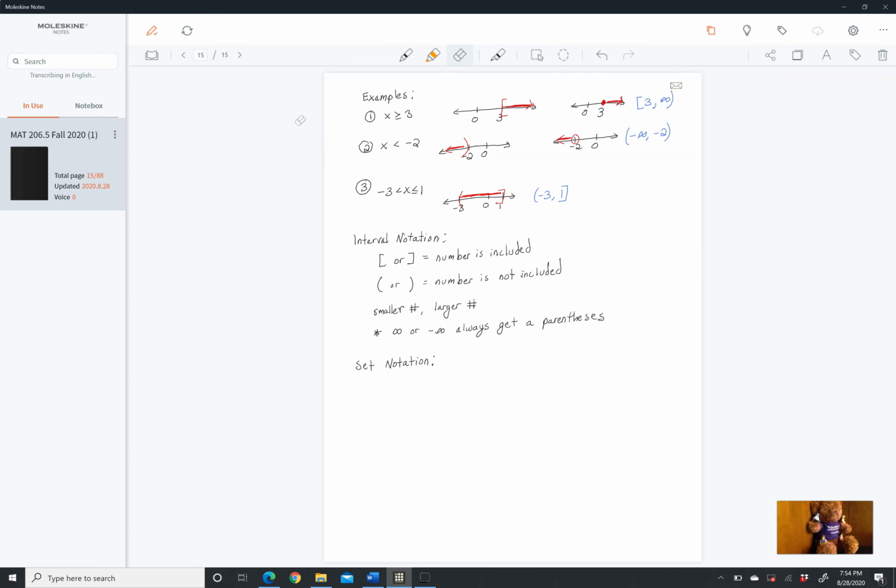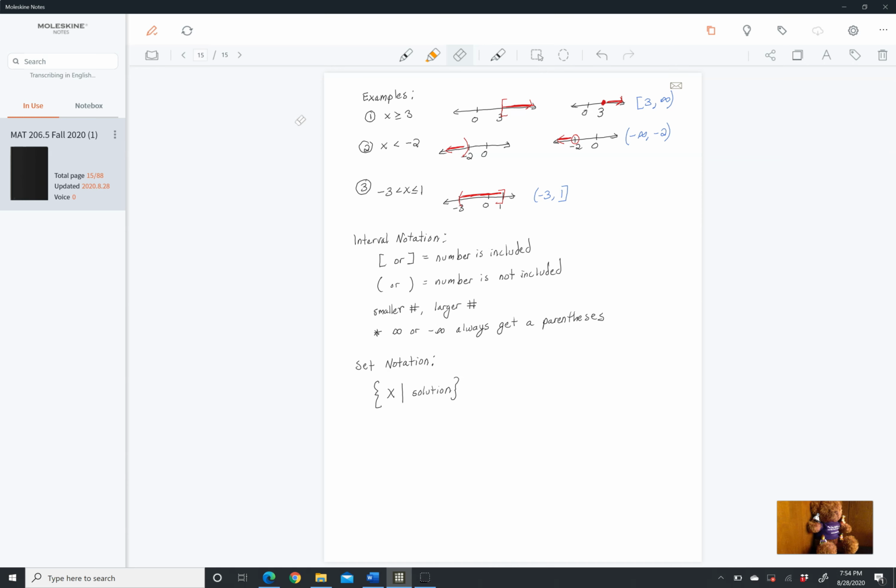So set notation has two braces, and you have x or whatever variable you're using. So in one of the cases we had an r, so you would use an r. And then you have a line. That line means such that, I'll write that in a second, and then you just write your answer. So it might be x is greater than or equal to 3.